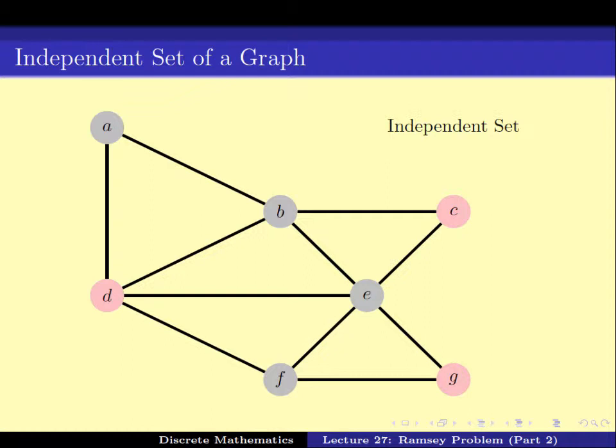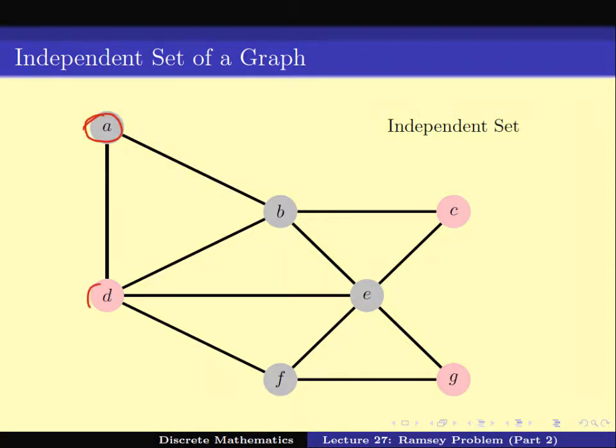Now, as a clique, we can have A, D, B is a clique because there is an edge between any two of them. Similarly, A, D, B, E is a clique.